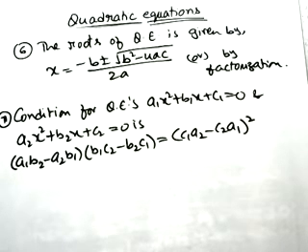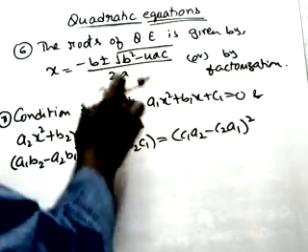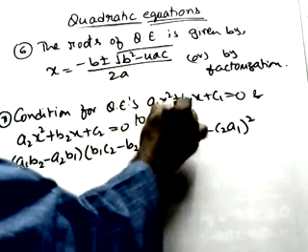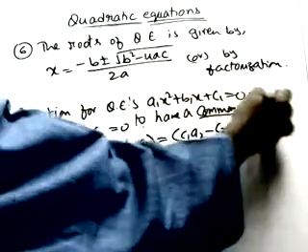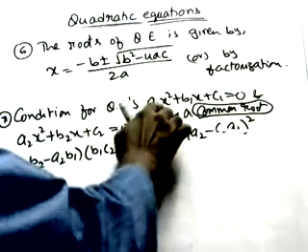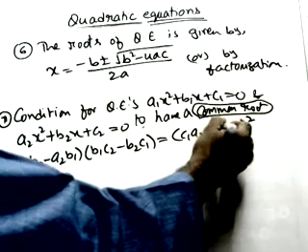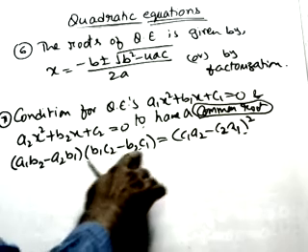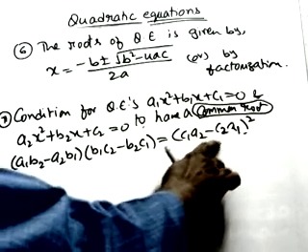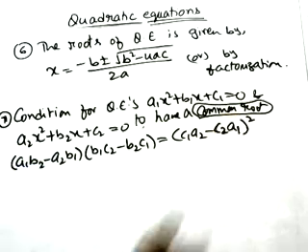Now for two equations, a1x square plus b1x plus c1 equals to 0, and a2x square plus b2x plus c2 equals to 0, the condition for the equations to have a common root is this. Remember this: if these two equations have a common root, the condition is (a1 b2 minus a2 b1) into (b1 c2 minus b2 c1) equals to (c1 a2 minus c2 a1) whole square.